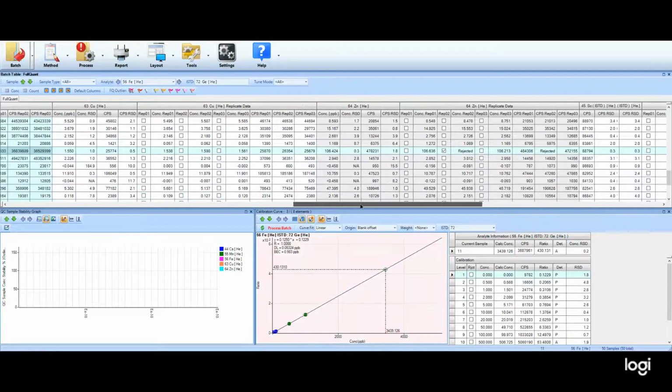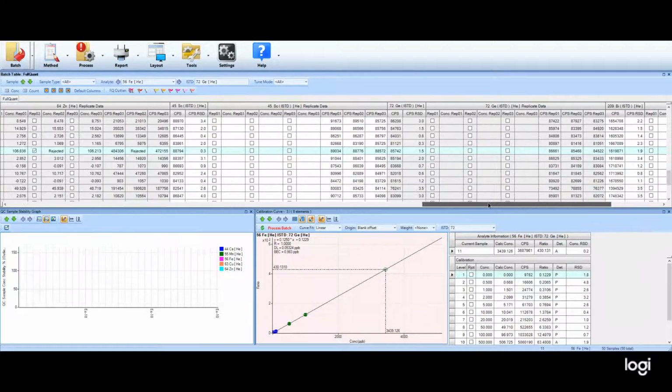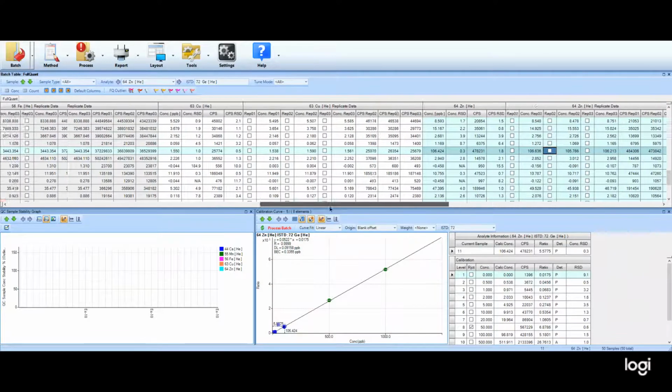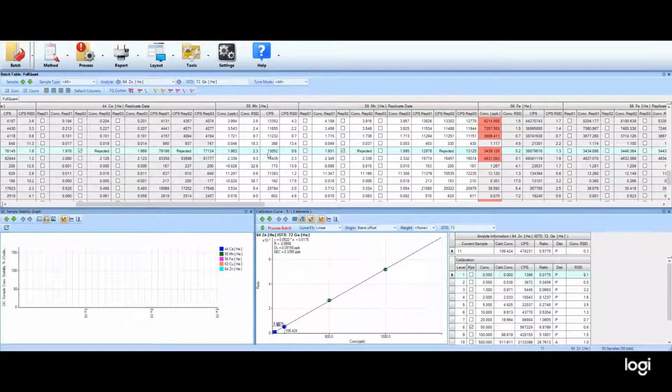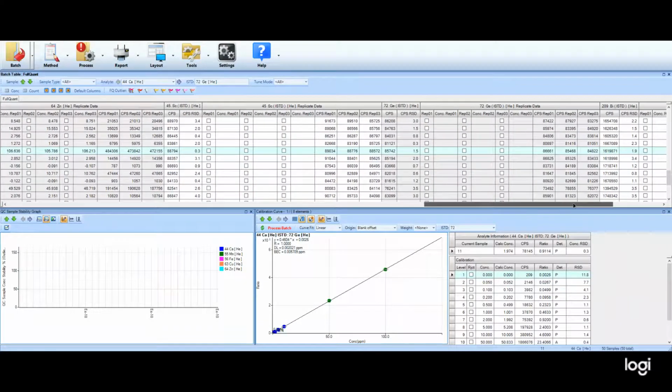And so it seems like we have excluded a value for copper everywhere. Replicate 2 was excluded everywhere in this measurement, and I can include it again and we can see what comes out.